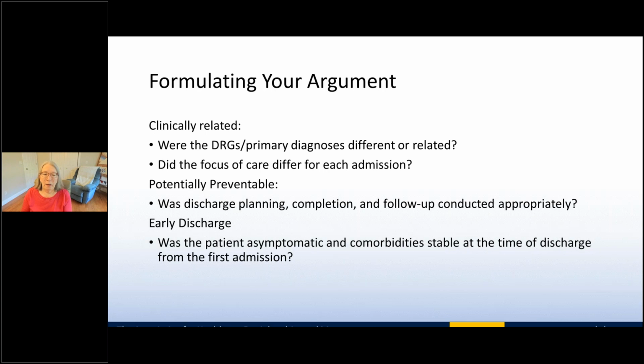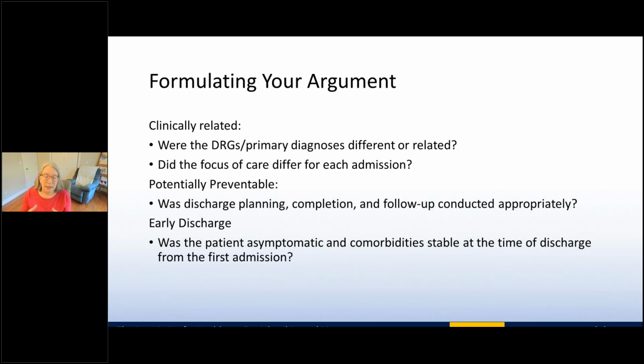Obviously, if they're denying based on your claim information, if they compare, you're back in within 30 days and you've got the same DRG as you did for your initial or a very similar DRG, that's a quick and easy deny from the payer, or primary diagnoses on your claim. Were they different, or are they related?